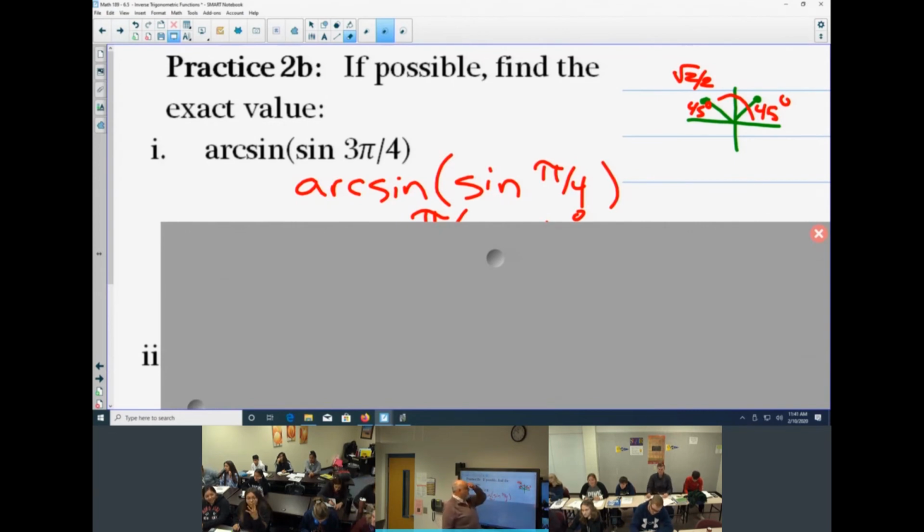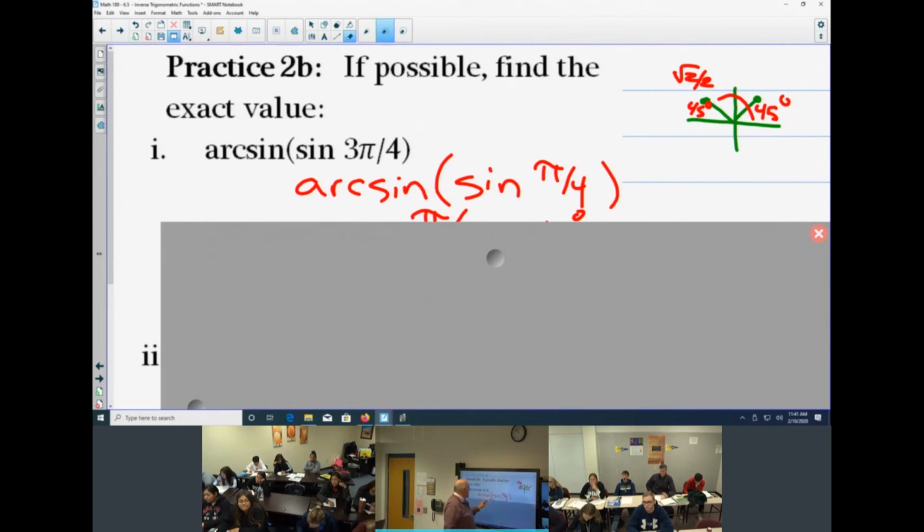Here's what I was looking for: 45 degrees, or pi fourths, also has a sine of radical 2 over 2, and it's in quadrant 1. So here's how you can do it. You can either say, the sine of 3 pi fourths has the same y value as pi fourths, and now this is in the correct quadrant.